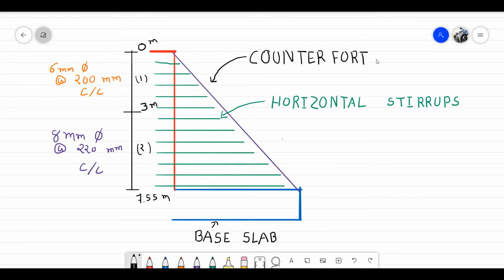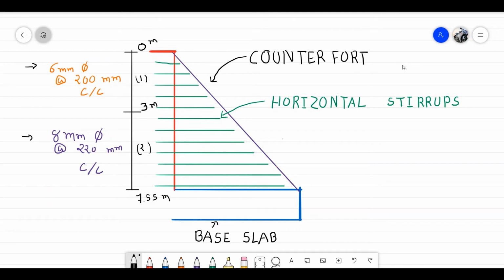In the first part I provided 6 mm dia at 200 mm center to center. In the next we provide 8 mm dia at 220 mm center to center. So the distribution is completed, horizontal stirrup design is completed.